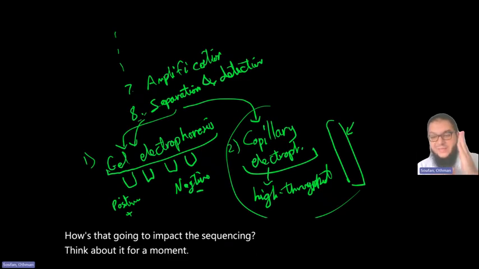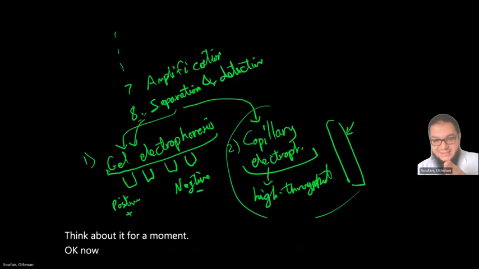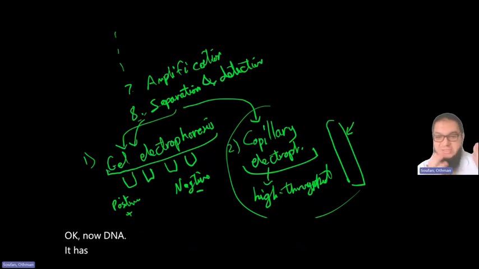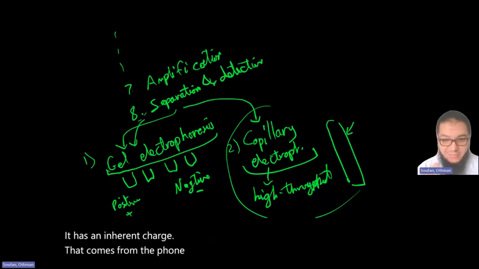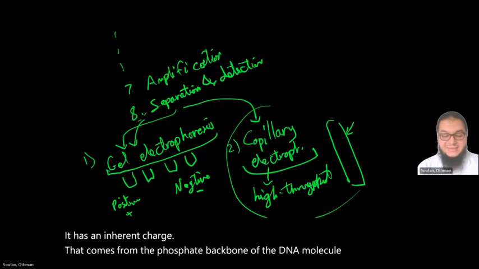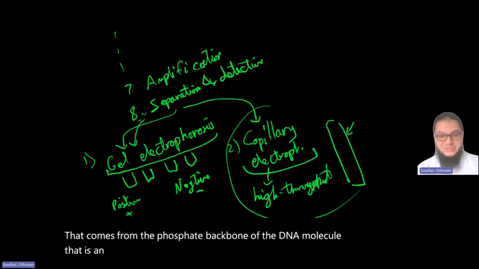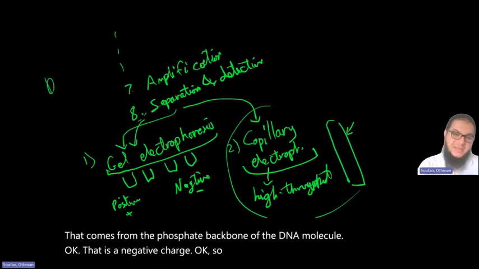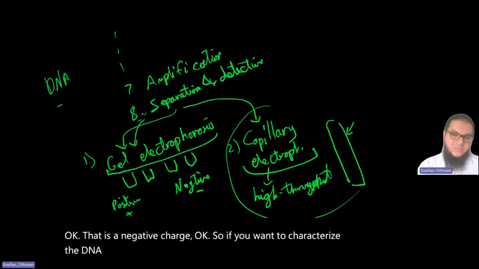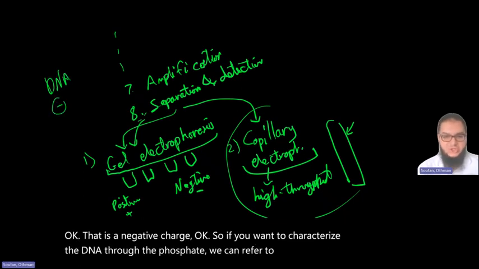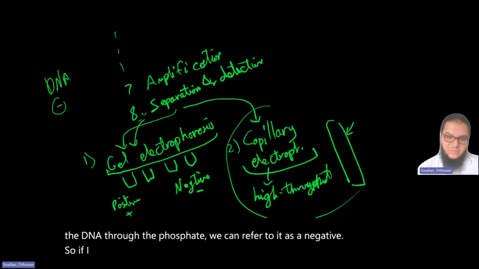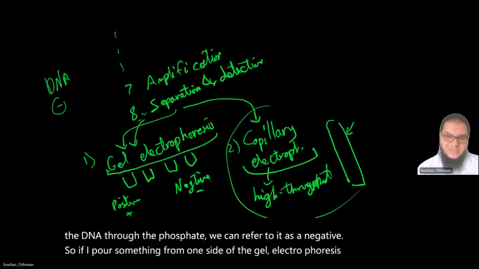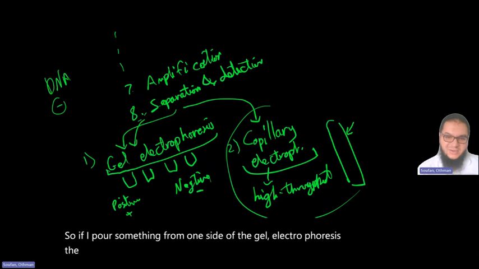Okay, now DNA has an inherent charge that comes from the phosphate backbone of the DNA molecule. That is a negative charge, okay? So if we want to characterize the DNA through the phosphate, we can refer to it as negative. So if I pour something from one side of the gel electrophoresis, the molecule is going to travel to the other side.